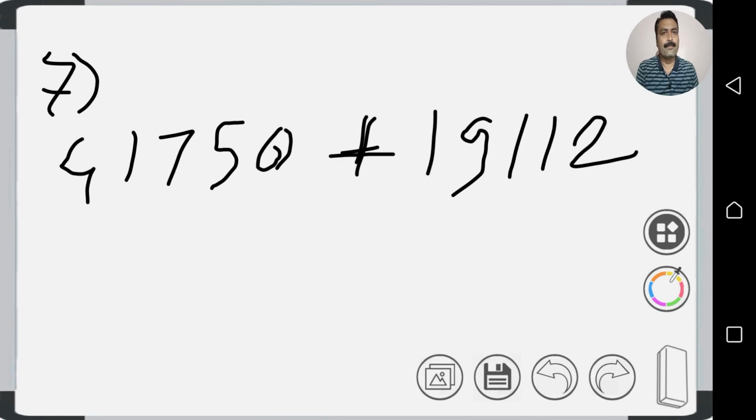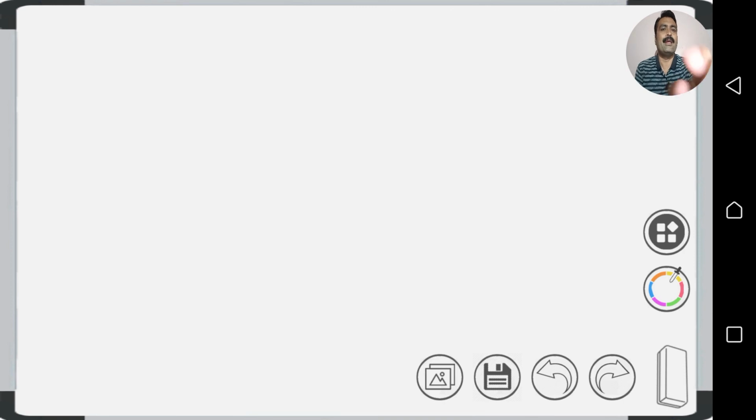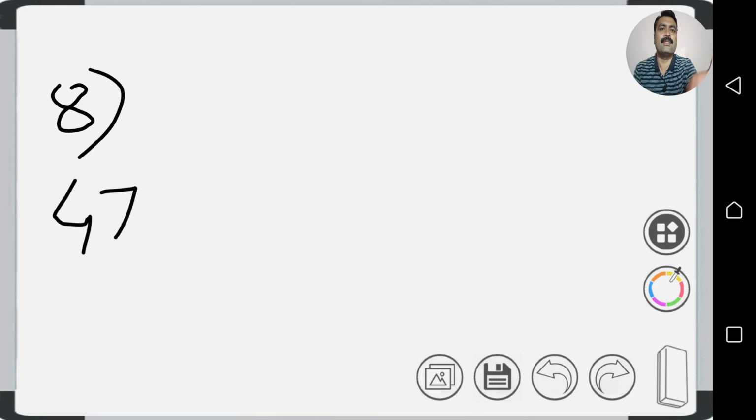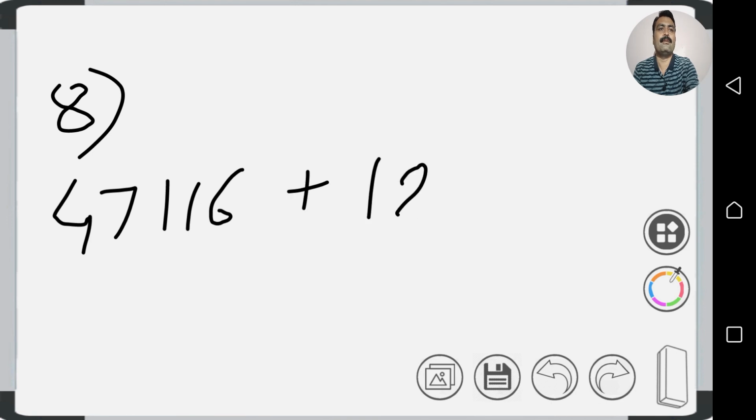This is your 7th example. Thereafter the next 8th example that I am taking. Let's continue here. 47,116 plus 12,817. This is your 8th example.